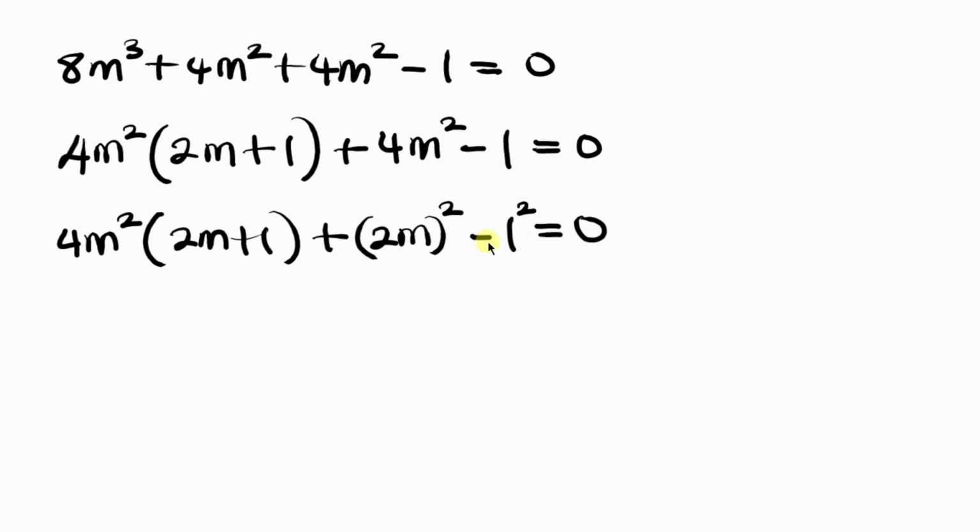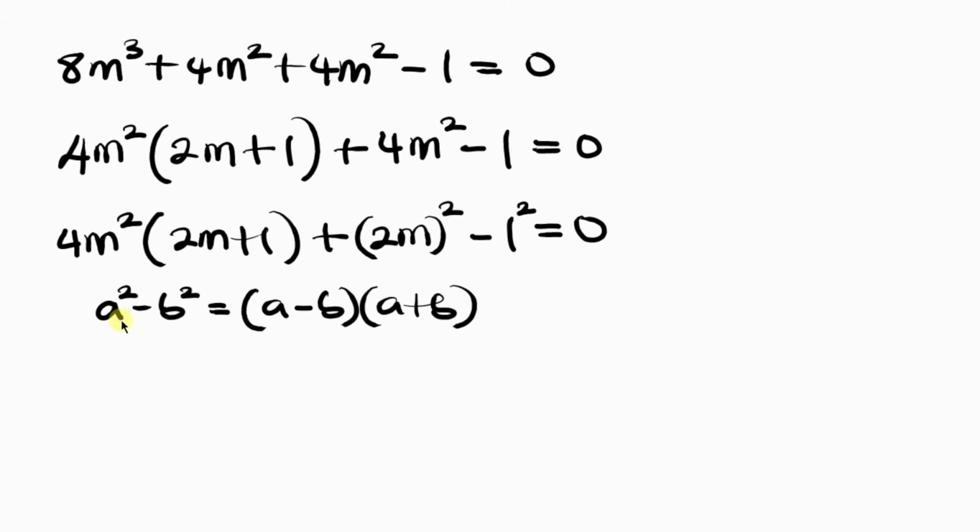So we have an expression in difference of two squares. Let's say a squared minus b squared is equal to a minus b times a plus b. If we compare, you notice that our a is this 2m and our b is this 1. So we can write this in this form.